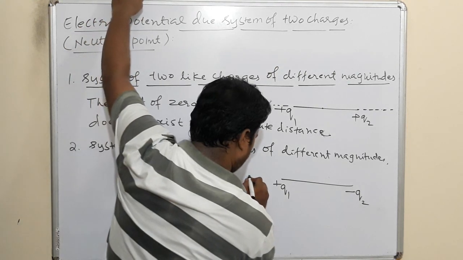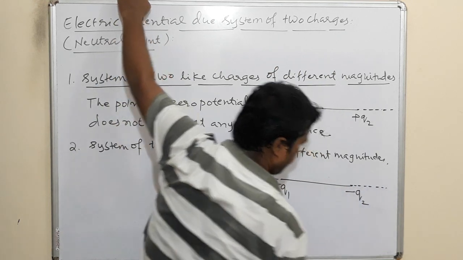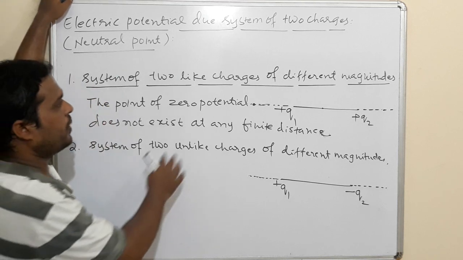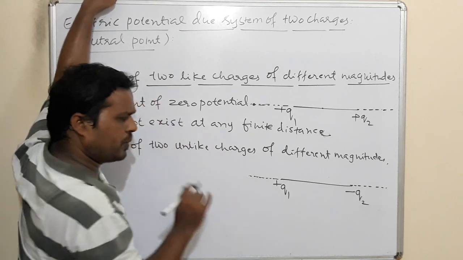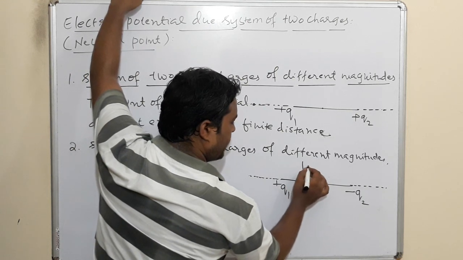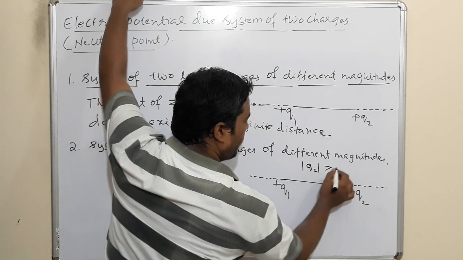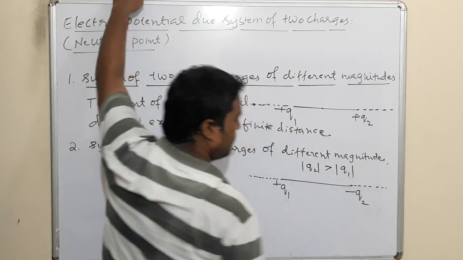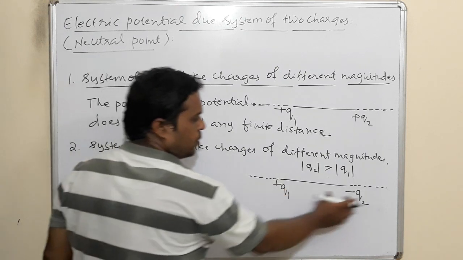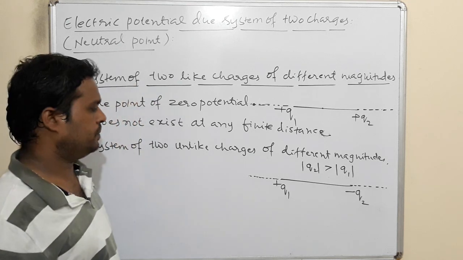On the line joining the two charges, where does the neutral point exist? Neutral point means the total potential at a point should be zero. Let me suppose the magnitude of Q2 is more than the magnitude of Q1. Whatever may be the signs, they are different. So the magnitude of Q2 is more than Q1, or Q1 is less than Q2.